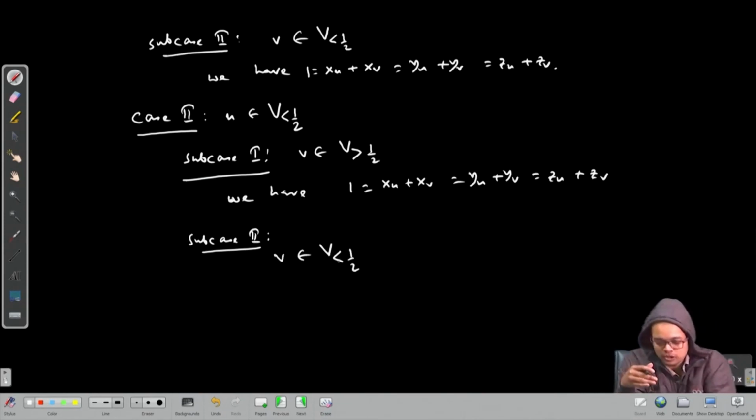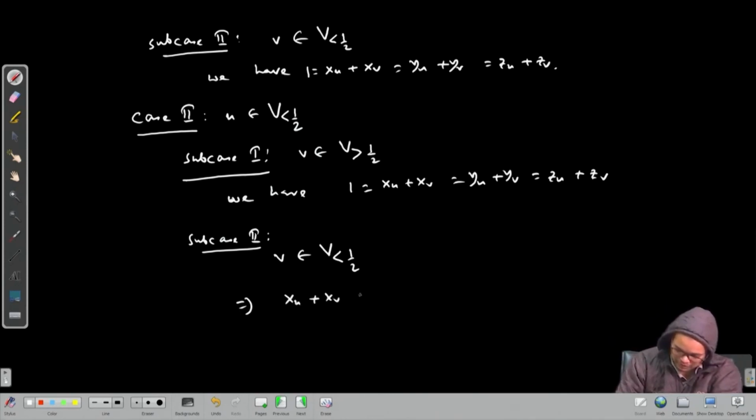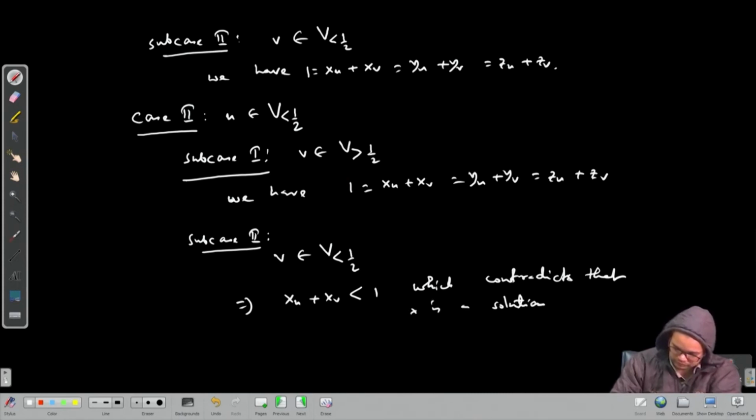But both u and v cannot belong to V less than half: if both values are less than half, then x_u plus x_v is less than 1, which contradicts that x is a solution. Okay, so this case cannot happen.